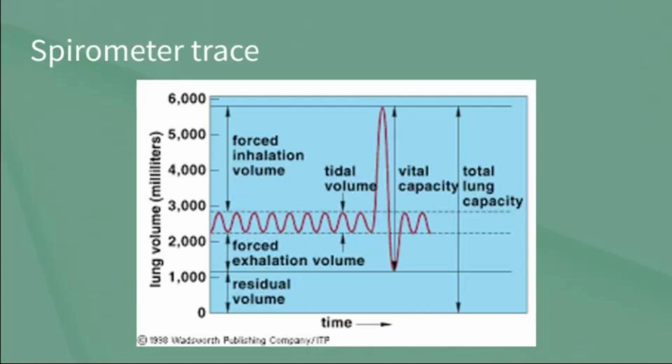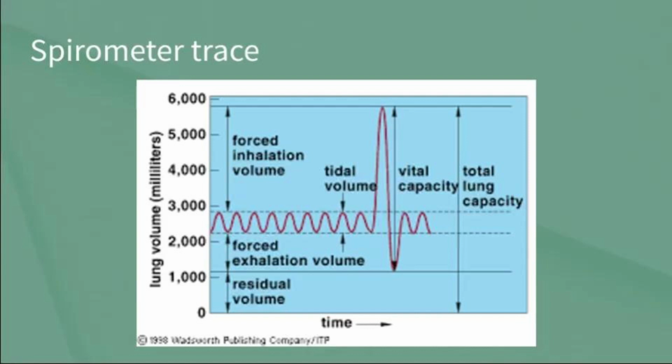But then there's also a residual volume left in the lungs, both on inhalation and exhalation. So you can see on the graph a forced inhalation volume increases the peak of the breath, and that is referred to as our vital capacity, where you have your tidal volume plus the forced inhalation and forced exhalation volume, but then you still have an extra residual volume at the bottom from exhalation.